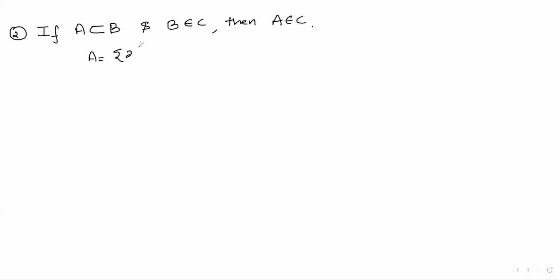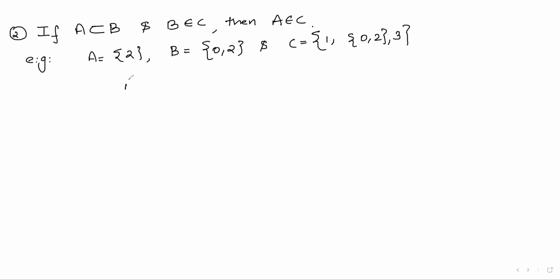A is equal to {2}. B is equal to {0, 2}. And C is equal to {1, 0, 2, 3}. Then Savan, can we say A is a subset of B? Yes, sir. Can we say B belongs to C?